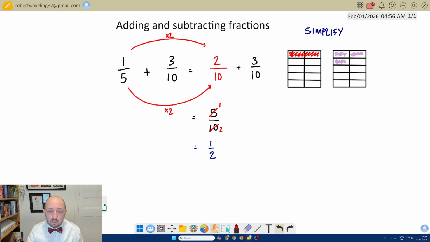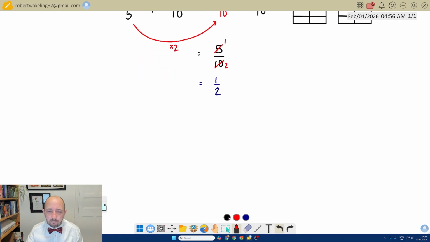Okay, if we look at another example, maybe 1/3 plus 3/4, then in this case, 3s do not go into 4. So yes, we would have to change both of these numbers, and the easiest way is to just multiply them to get 12s, like that.